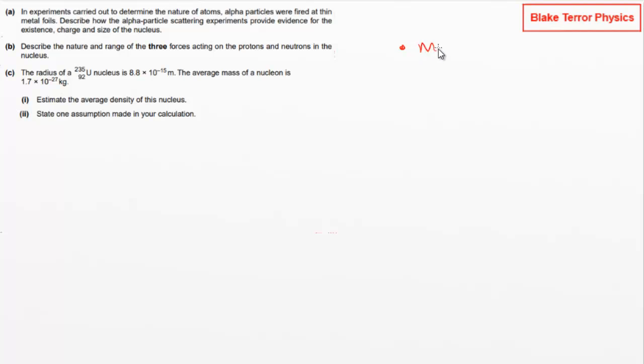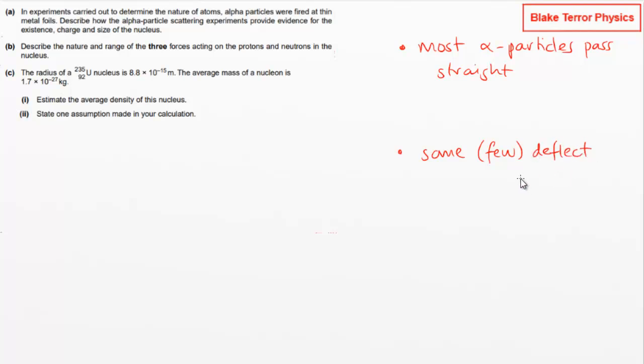We want to say that most of the alpha particles passed straight through. And we also add that some, as in very few, deflect. You don't want to say reflect, because they're not reflecting, they're deflecting. Deflect over large angles.